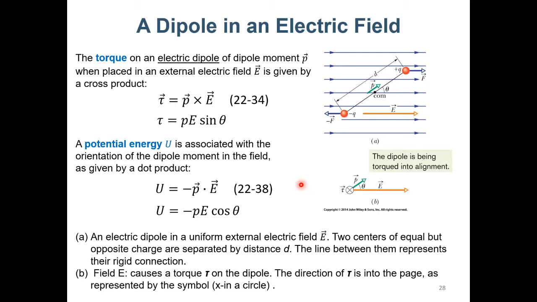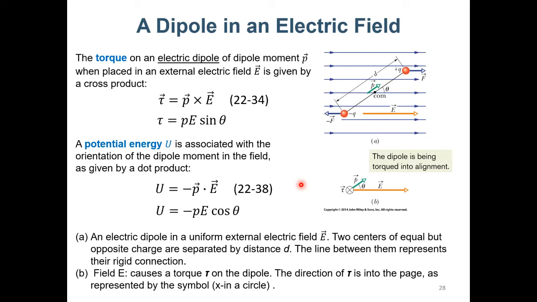So you have the least potential energy, which means that theta is 0, the cosine is 1, so that U is minimized. If theta is 180 degrees, which means that the dipole points to the left side, it will be very unstable because this point will try to go to the right side, this point will try to go to the left side, so it will flip, something like this.